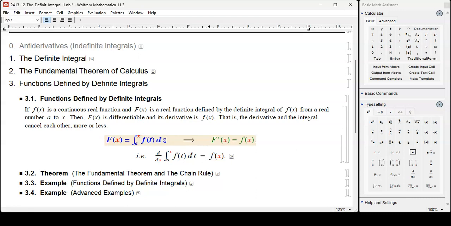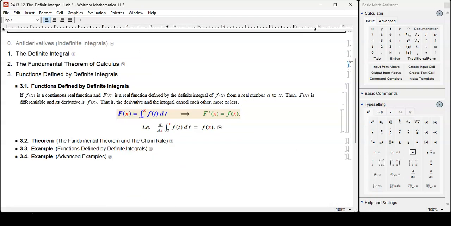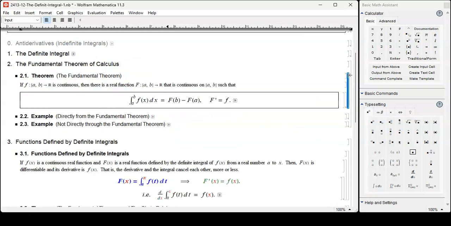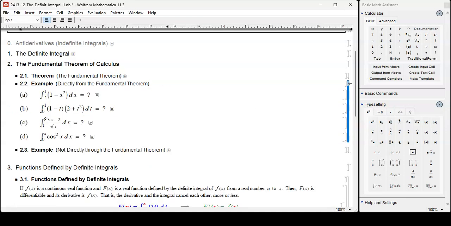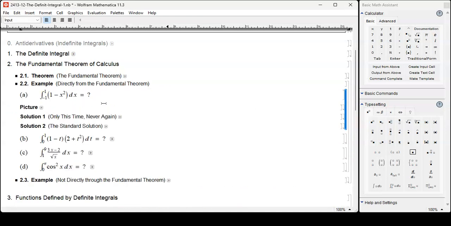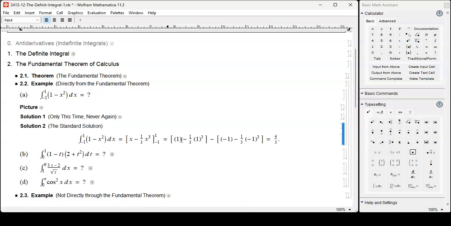Let's go back to t. Now the reason this is a dummy variable is that the computation itself was like that. Way back in section 2, you see, plug in x equals b and x equals a and subtract one from the other. So this expression here does not have any x in there anymore. You see, here, after calculating the antiderivative, plug in 1, plug in negative 1, subtract one from the other, so no more x.